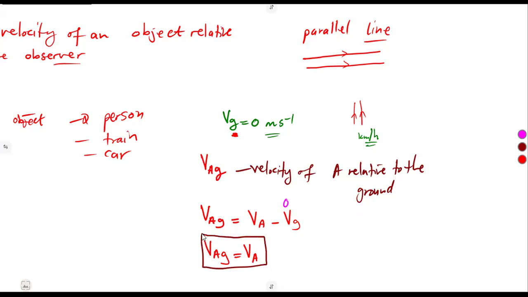That is why we are saying the velocity of A with respect to the ground, whether it's the car or the train with respect to the ground, is the initial velocity that you are given, the actual velocity that you are given.